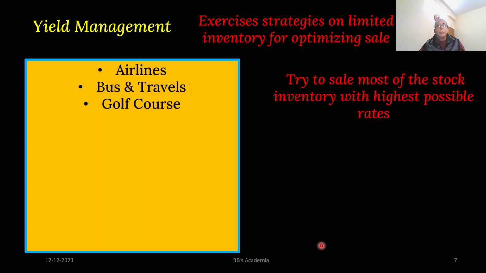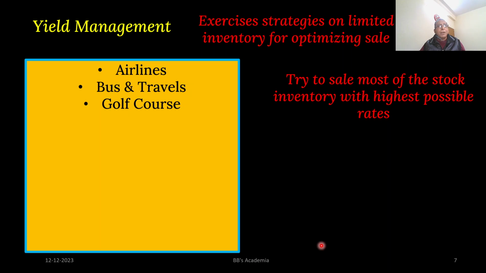Golf course, same thing. Monday to Friday, there are fewer people because they are all busy in their offices and businesses. So naturally, they are not visiting the golf course. They visit more mainly on Saturday afternoon and Sunday.